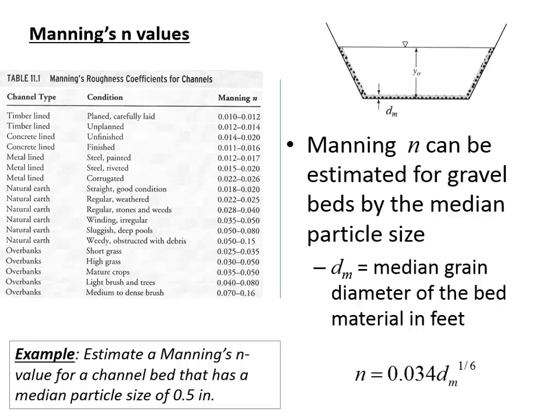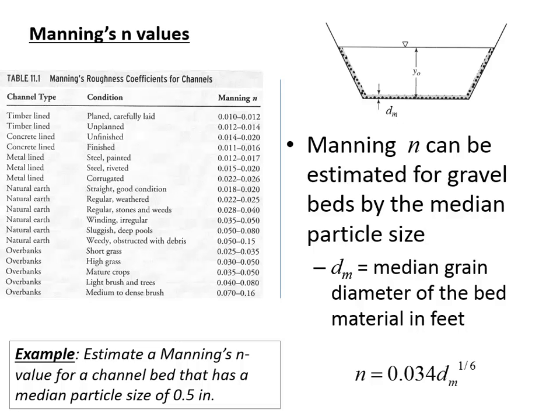Let's say the median grain diameter was 0.5 inches. In terms of feet, that's 0.5 inches divided by 12 inches per foot, so the grain diameter would be 0.04167 feet.